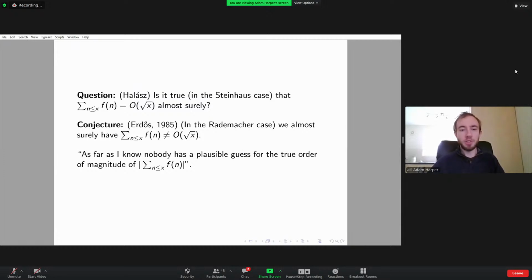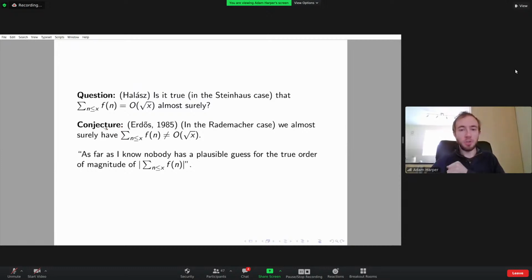So Harper asked a question: is it true that the partial sums of the random multiplicative function are big O of root x almost surely? So is it true that the fluctuations are only as large as square root x almost surely? He happened to ask this in the Steinhaus case, but I don't think there's any reason we'd expect the answer to be different in the Rademacher case.